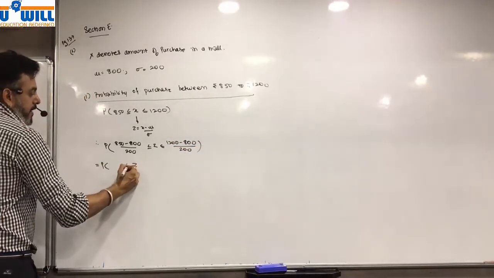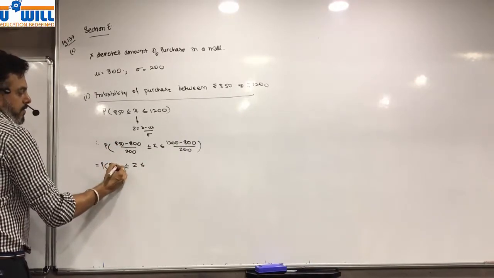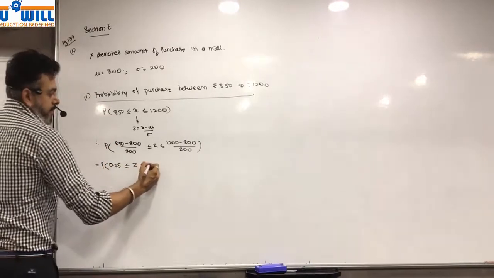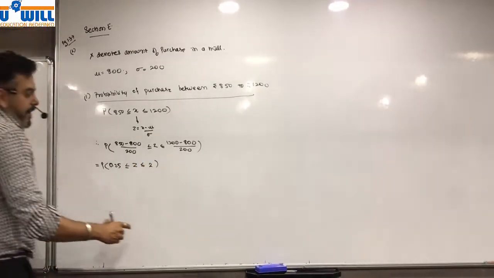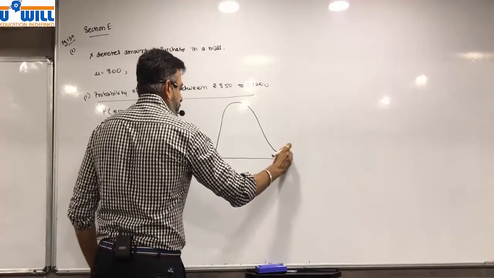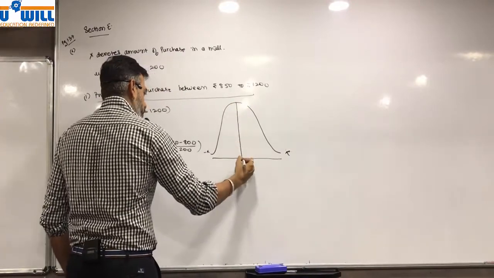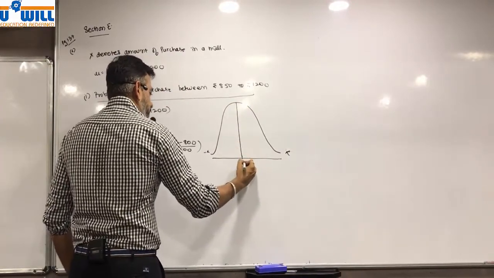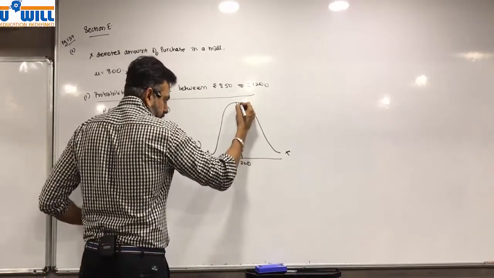Probability of Z between 50 upon 200, which is 0.25, and 2. Now we draw the graph first. Minus infinity to infinity, Z is equal to 0, 0.25 positive.